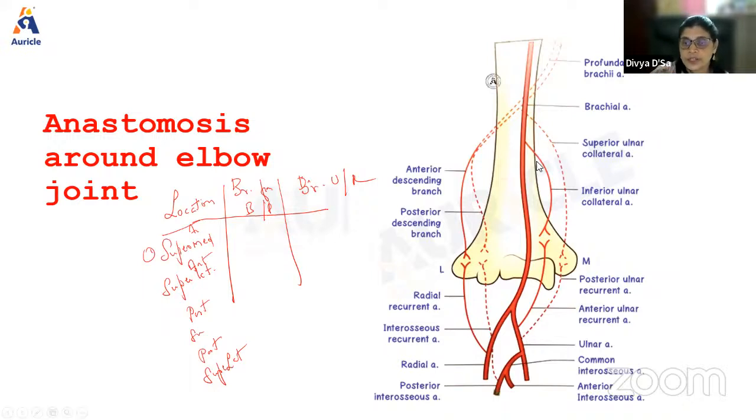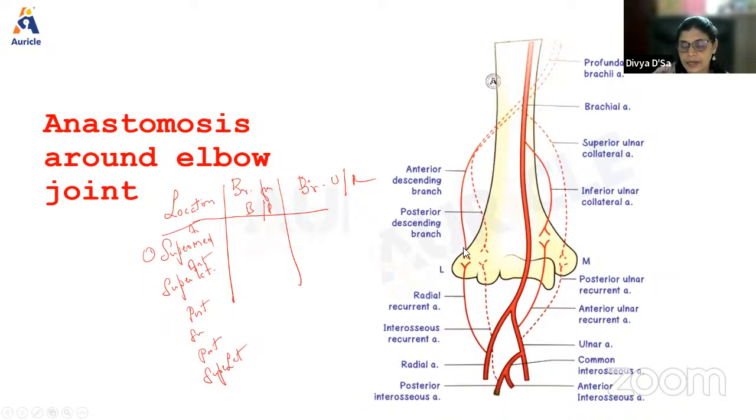This inferior ulnar collateral will anastomose with the anterior ulnar recurrent artery. A recurrent artery is like taking a detour or a U-turn and coming back. The artery is already given off here, but this artery will take a U-turn and come back again. This artery is called the anterior ulnar recurrent, which is in front.